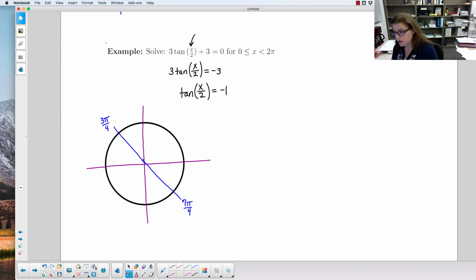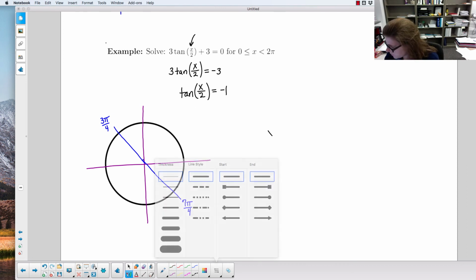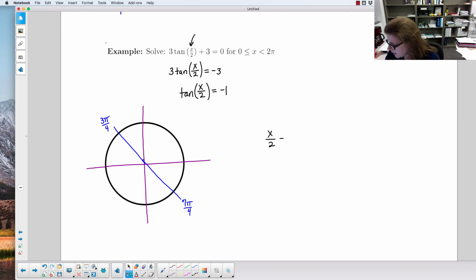All right, now instead of just being x equal to those things, it's whatever is in the argument. So that means that x over 2 is equal to 3 pi over 4, and x over 2 is equal to 7 pi over 4.